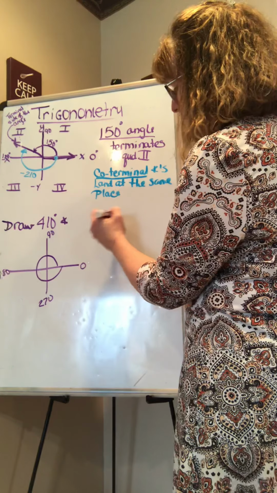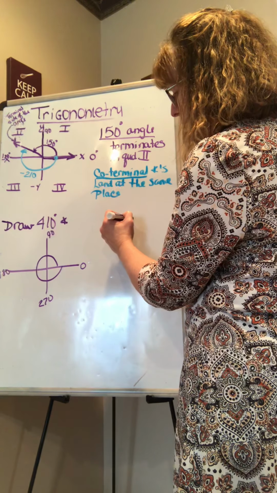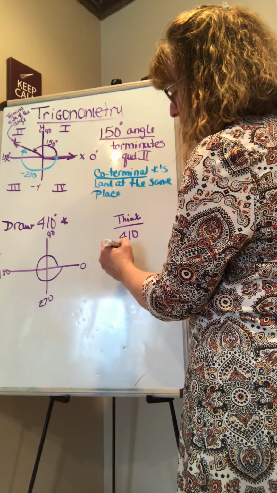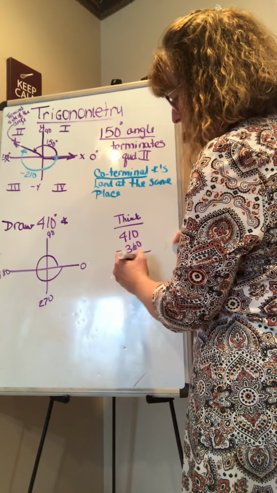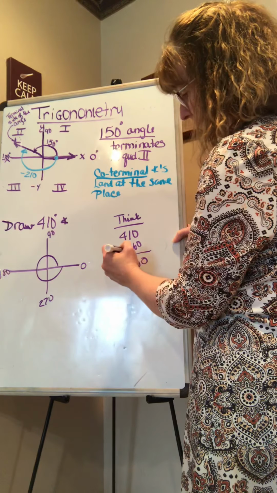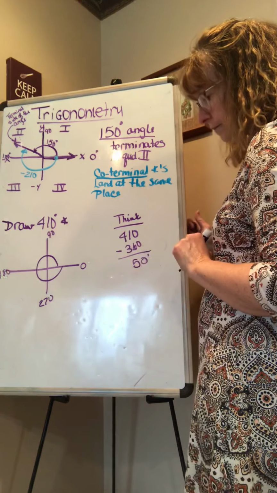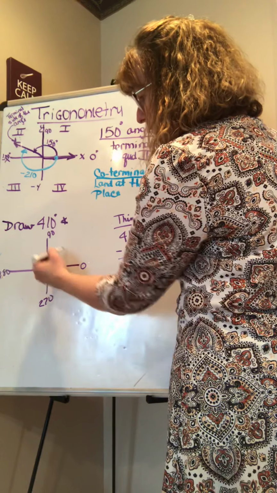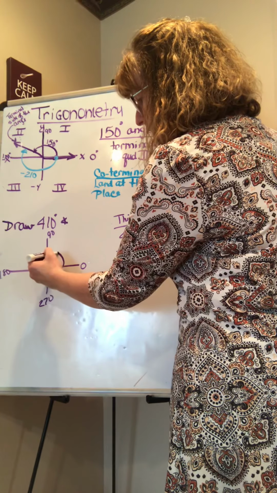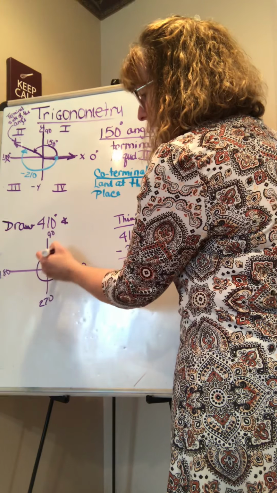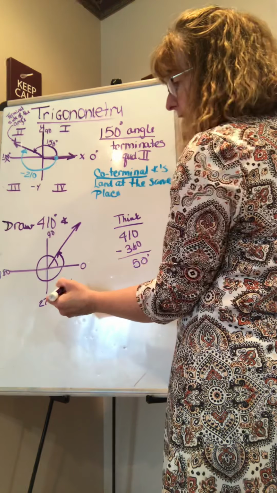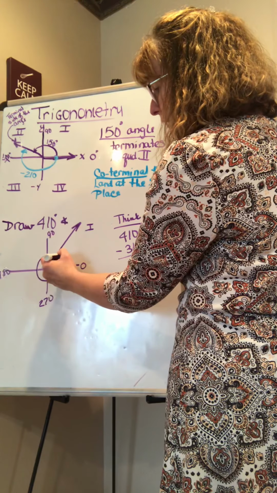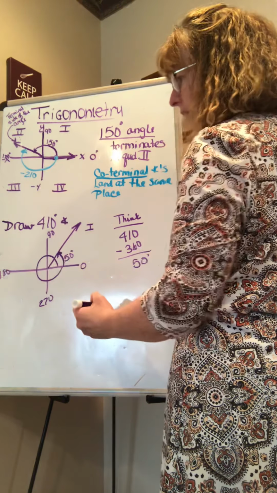So now if I come over here, I'm going to think or use my calculator, and I'm going to say, all right, 410 minus 360 is a 50-degree angle. I have 50 degrees left. That means somewhere between 0 and 90, I'm going to go 50 degrees more. And this terminates in quadrant 1. And in quadrant 1, it was a 50-degree angle.